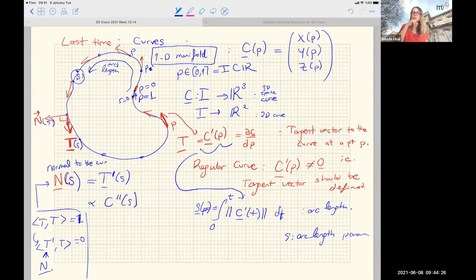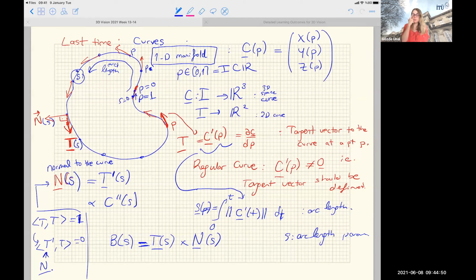The third important vector was the binormal, remember? And that is defined by B of s, the tangent cross producted with the normal, so it's normal to both of them, right? Why was this binormal important? This is important for 3D space curves, so 3D space curves embedded in 3D.